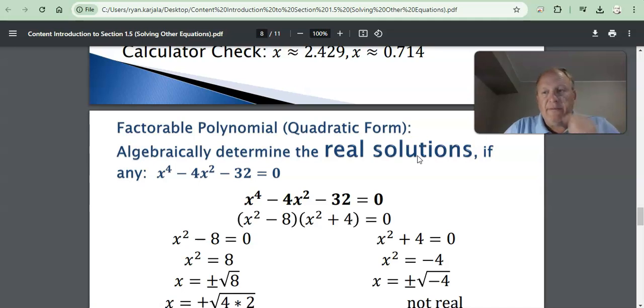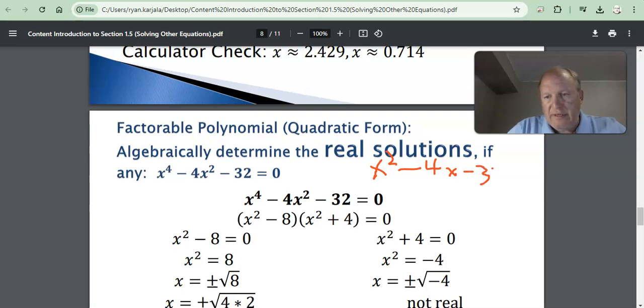Now, the next one is factorable equations. So, the trick with this one is understanding that x to the fourth minus 4x squared equals negative 32 is very similar to this equation: x squared minus 4x minus 32.